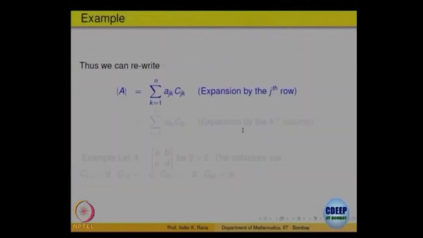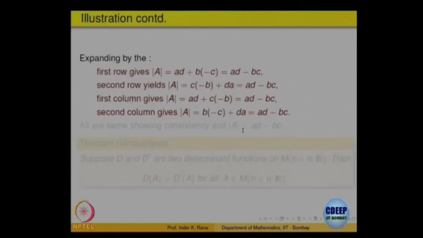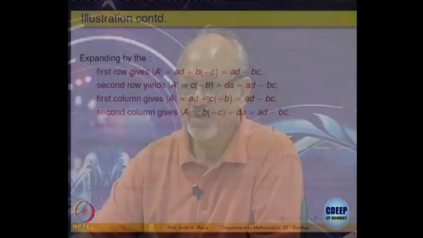Okay. So, expansion by rows and columns, I think you already know what the example is. You can verify by 2 by 2 that whether you expand by any row or any column, you will always get the same number. That essentially is not magic, it is happening because expansion by rows or columns is a unique definition, it gives the same property.